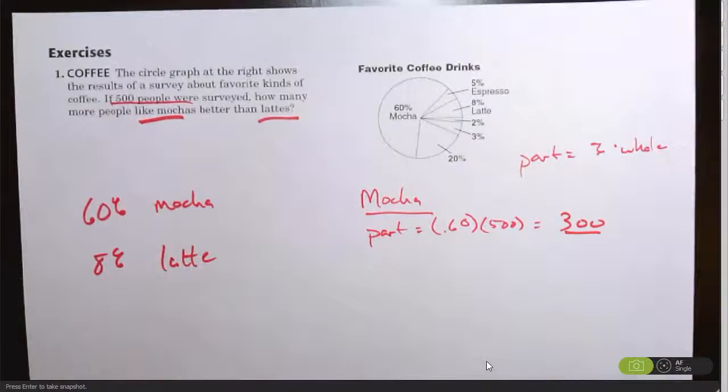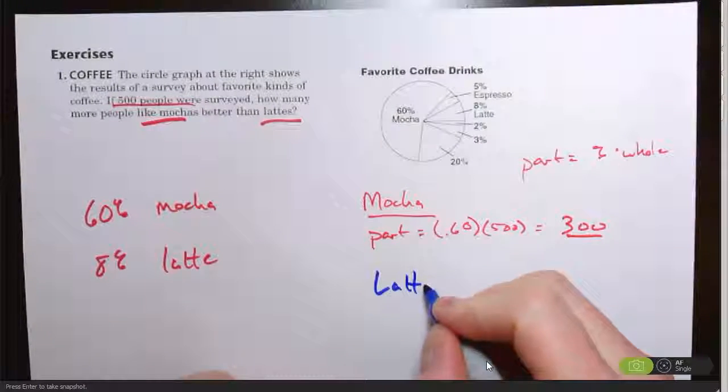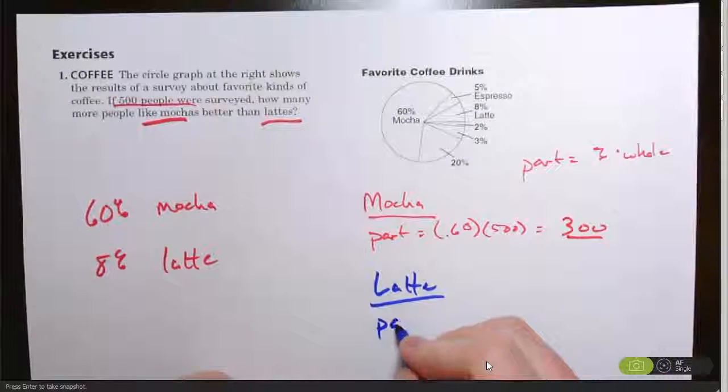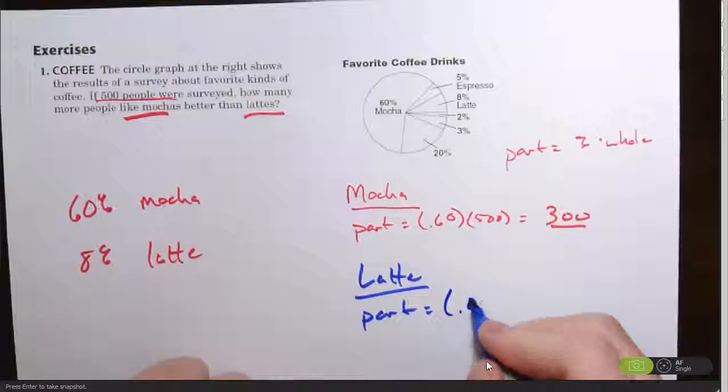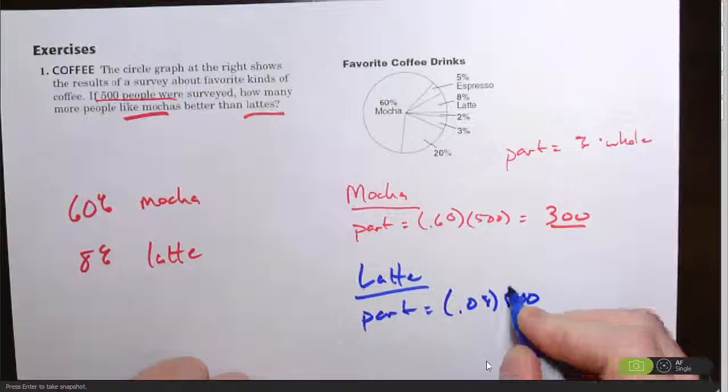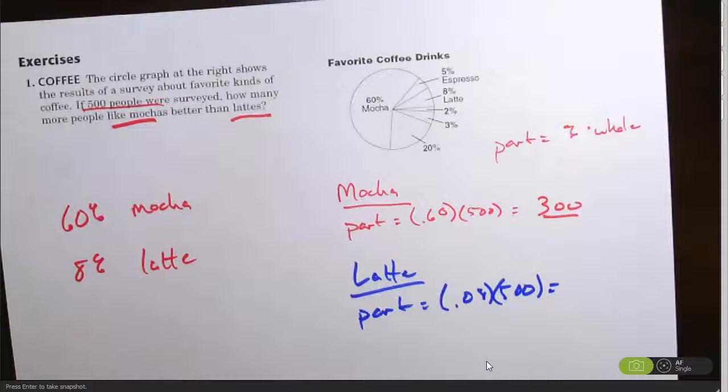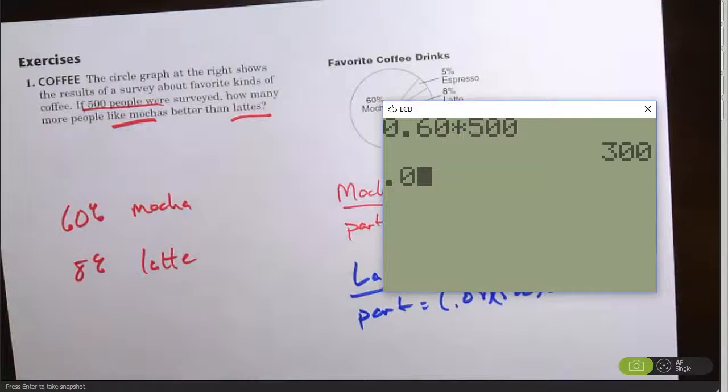And then latte, well, that part is 8% of the whole. So 0.08 times 500, which I think will be 40 off the top of my head, but I want to double check that. So 0.08 times 500, yeah, 40.